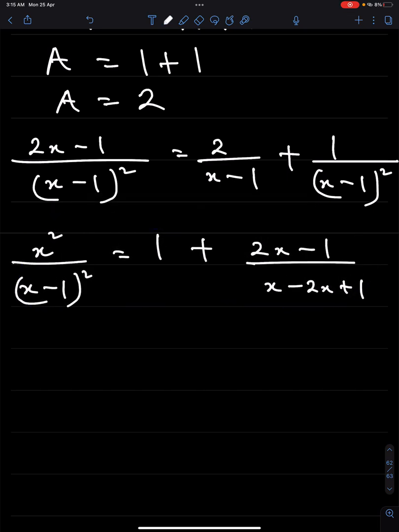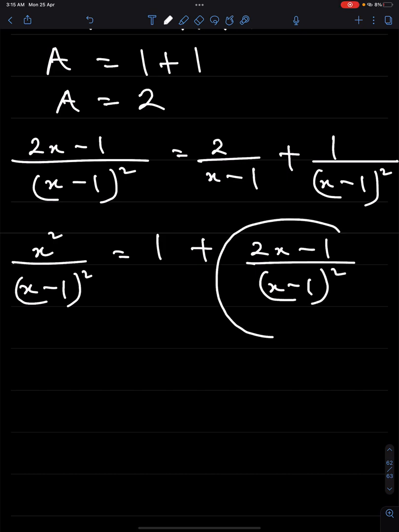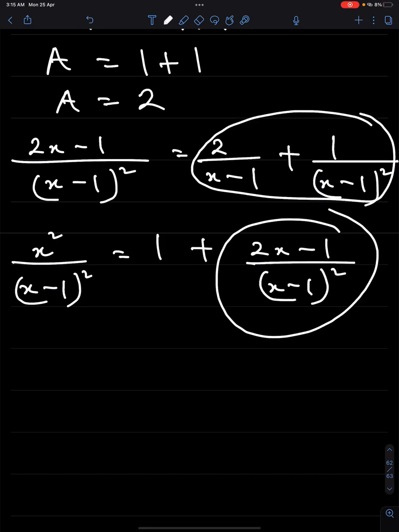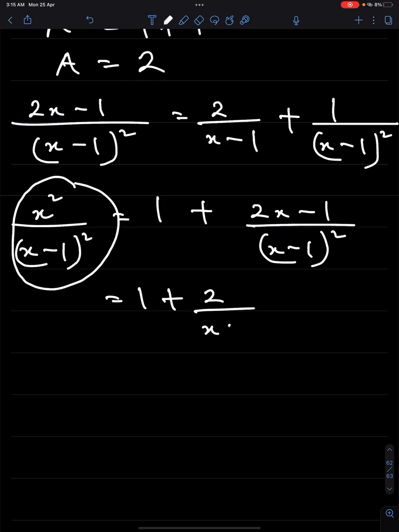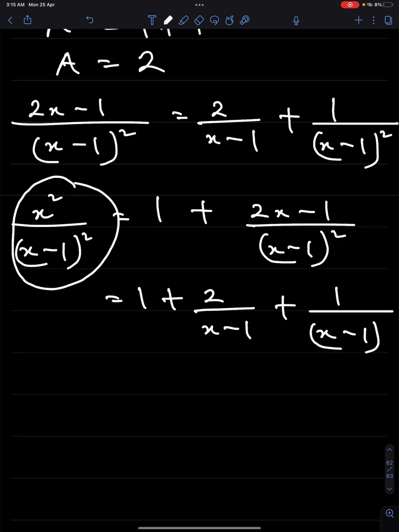Already x squared minus 2x plus 1 is the same as the square of x minus 1, so we now replace this with this. So the original expression, x squared over x minus 1 squared, is going to be equal to 1 plus 2 over x minus 1 plus 1 over x minus 1 all squared. And that's it, very, very simply.